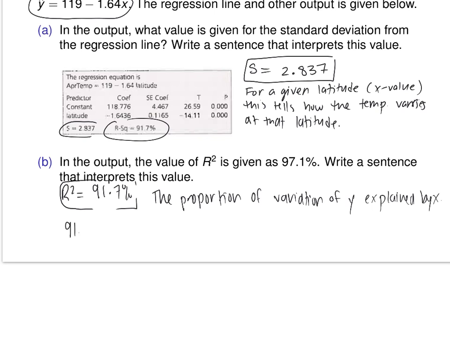Yep, so 91, and fill in the proportion as well, if that makes sense. 91.7% of temperature variation. I don't know why I just spelled that wrong. Temperature variability is explained by what? By latitude.